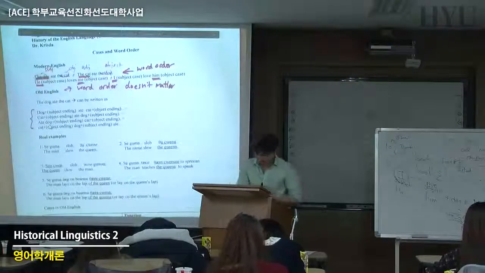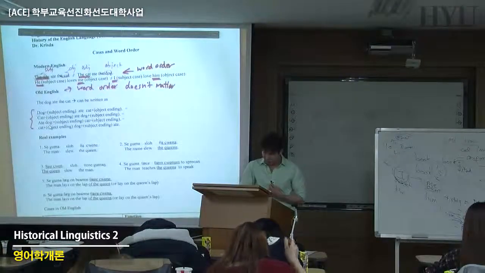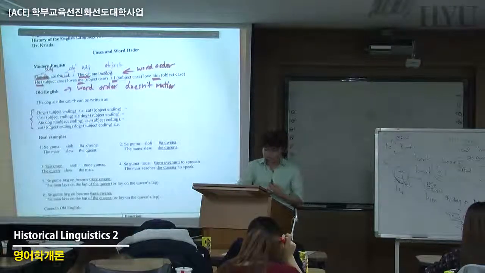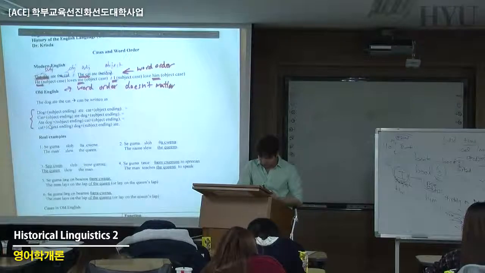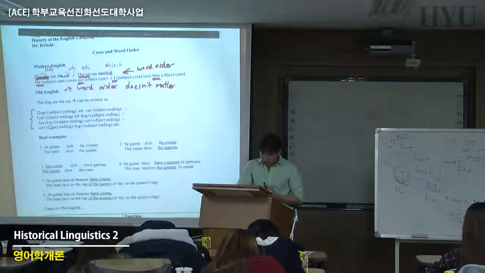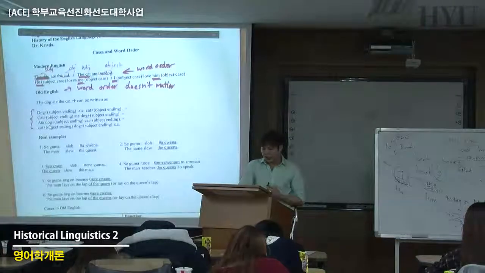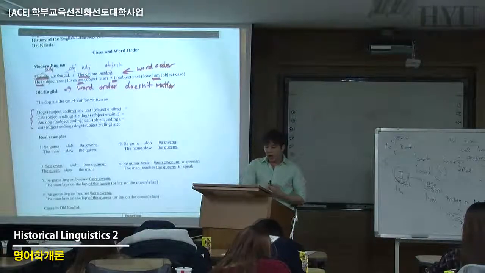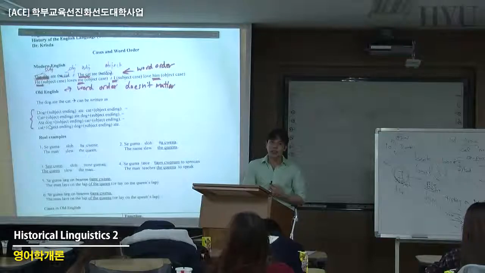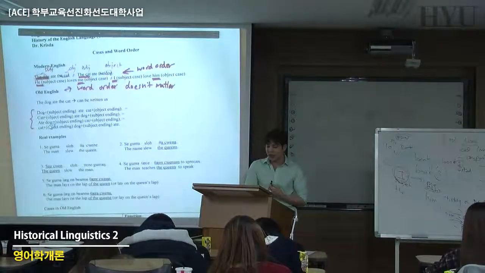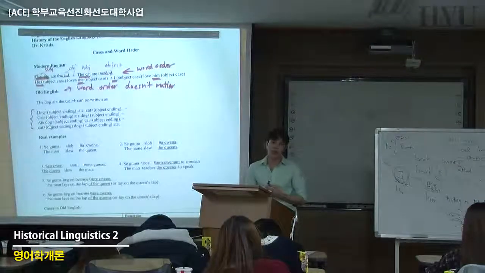Okay? And tare is the word the, but in the possessive case. Finally, in 6, you have the possessive case too. The man lays on the lap of the queens, but it's a possessive case in which the noun is plural. So quene changes to quena, and tare changes to tara, for example.